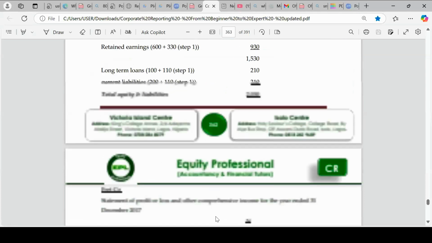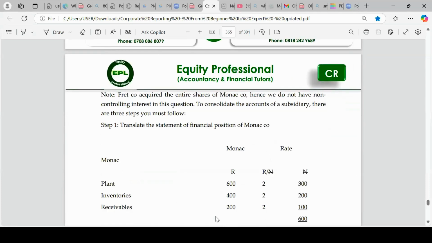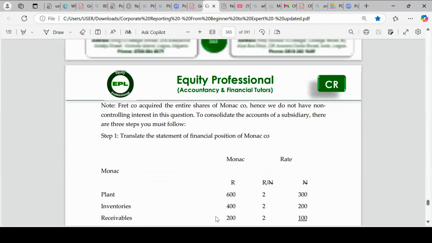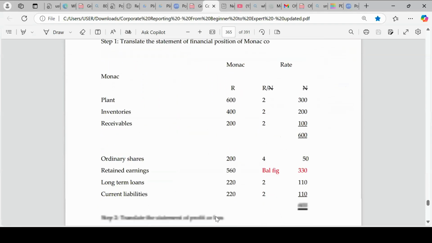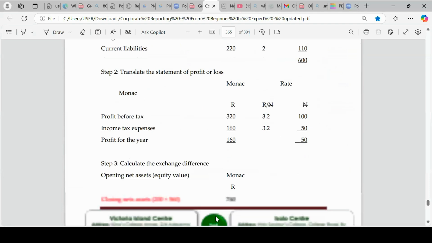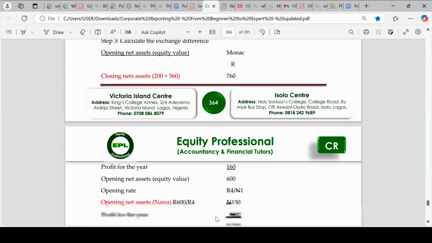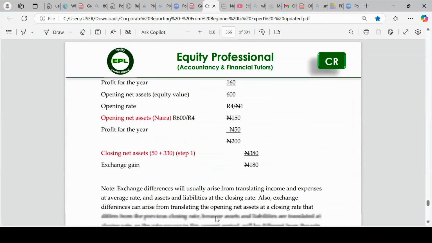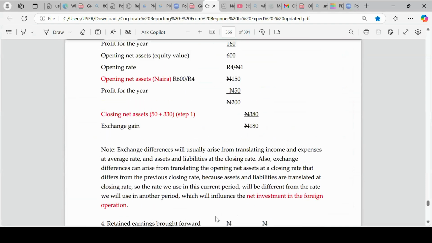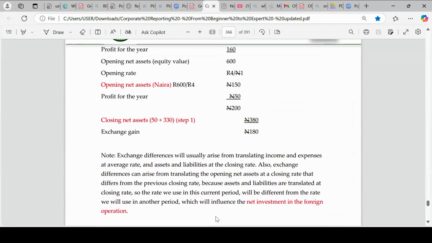So what you see here is simply what we've done. The step one is the same values we have. I left something behind. Okay, let's come here. I want us to look at it together.